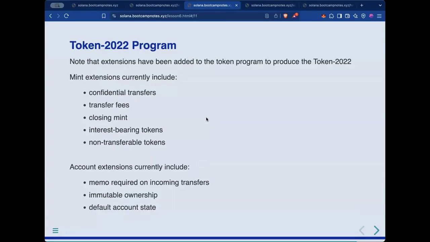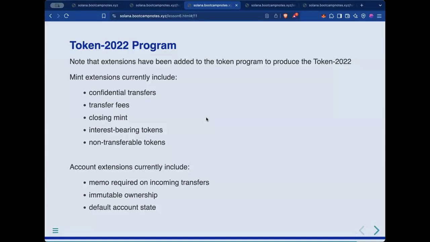And over time, people have wanted other functionality. They wanted to add to the functionality, and that has given rise to the Token 2022 program, which is adding extensions to add extra functionality to the basic tokens that we have.